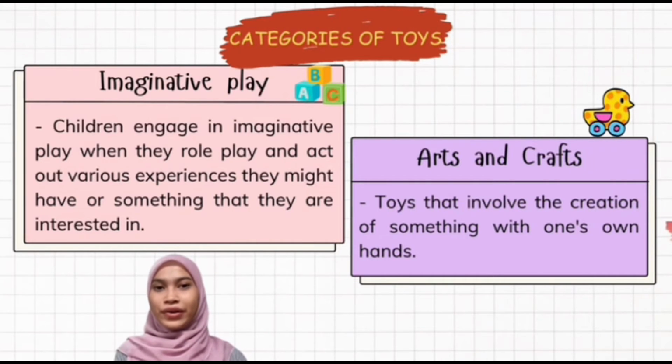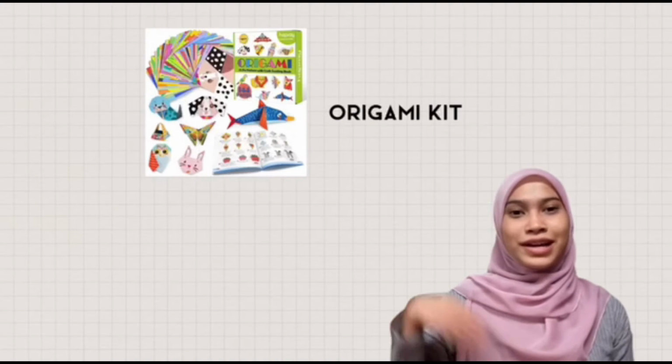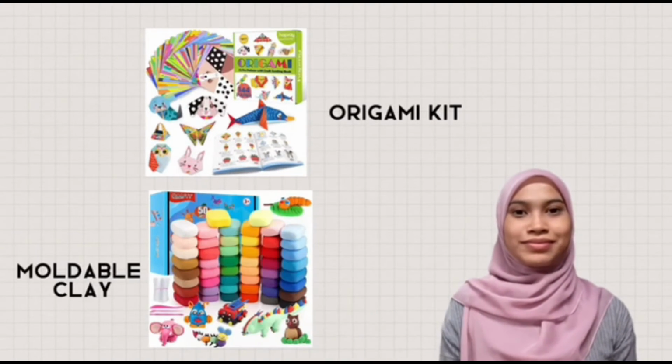Next is art and craft. The types of toys under this category involve the creation of something with one's own hands, such as an origami kit and moldable clay.